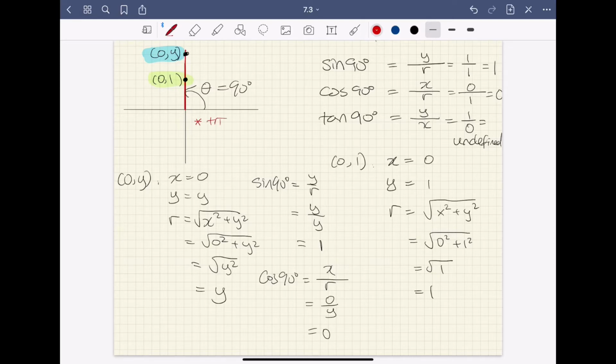The trig ratios only depend on the angle, not the length of the sides.